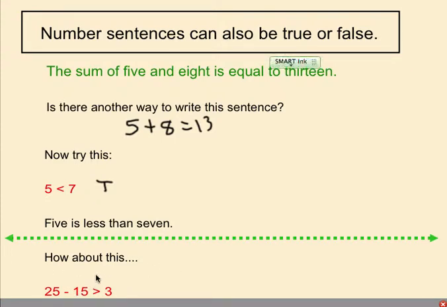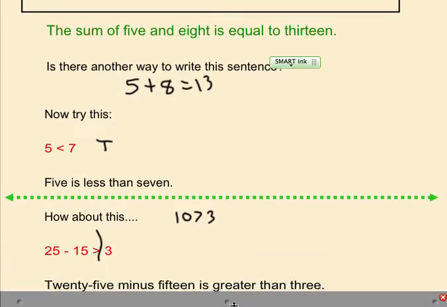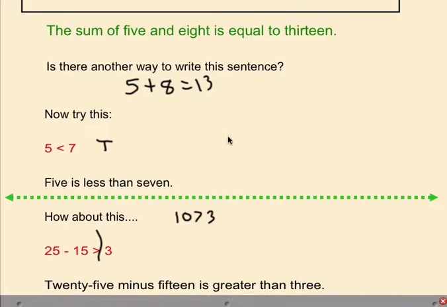Well, we'd have to do some math here. Think of this as like your division. This side has to equal this side in order for it to be a true number sentence. So we could say 25 minus 15 would be 10. And is 10 greater than 3? You bet it is.